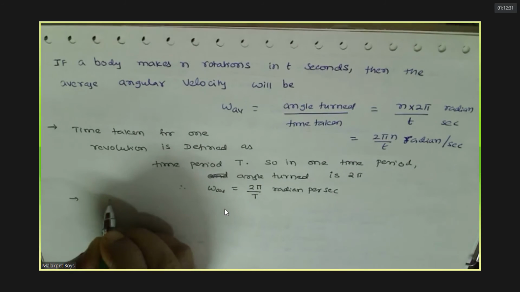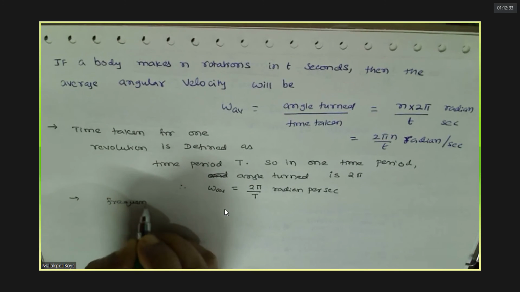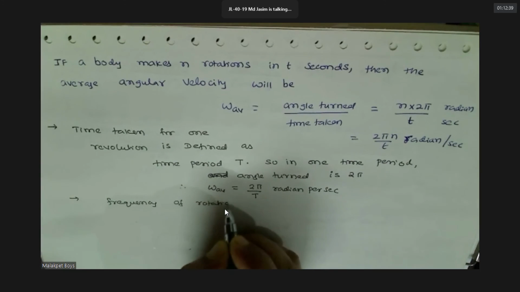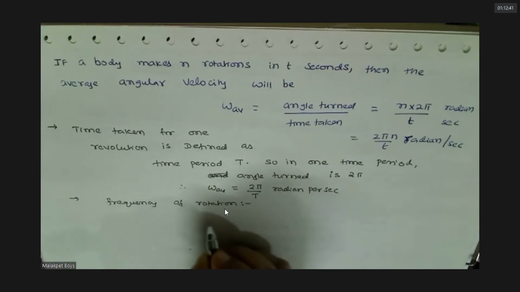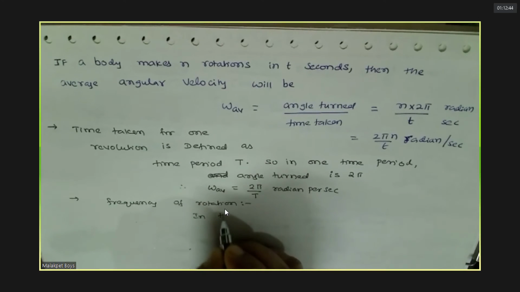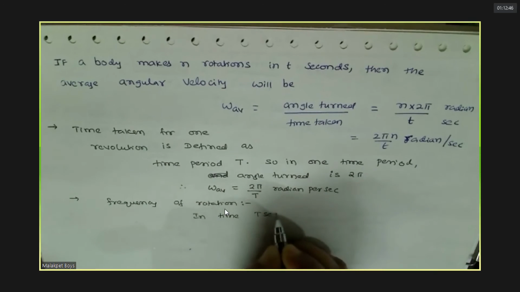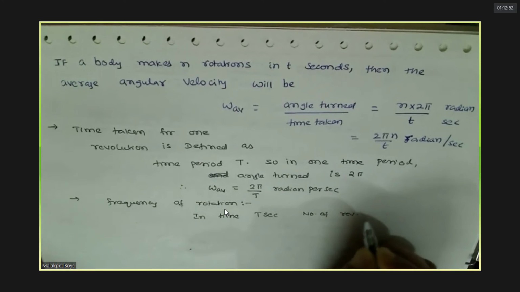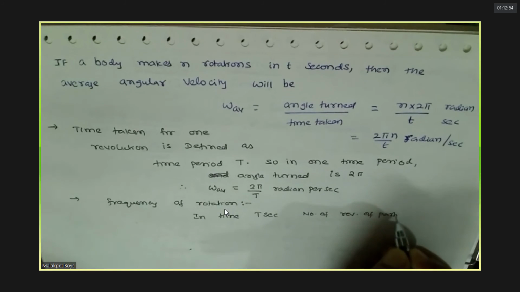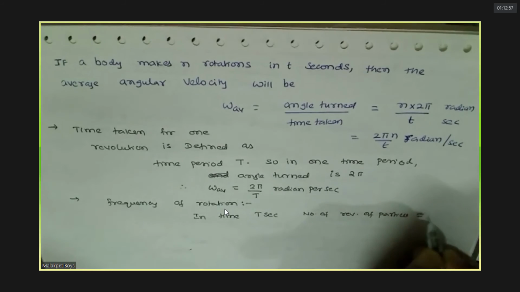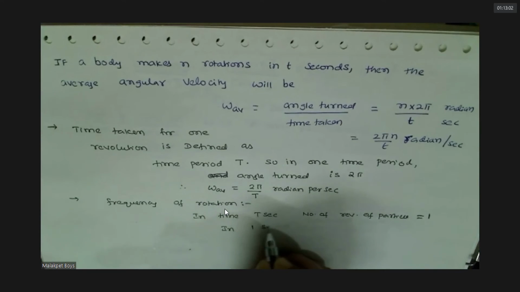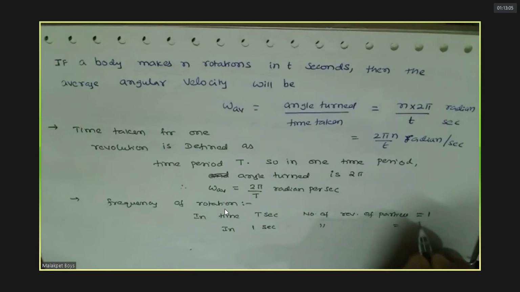See, what is frequency mean? Number of oscillations per second. Okay, that means in time t seconds, how many revolutions? How many are there? Is one only, no? So in 1 second, number of revolutions will be how much? 1 by t, say, no?